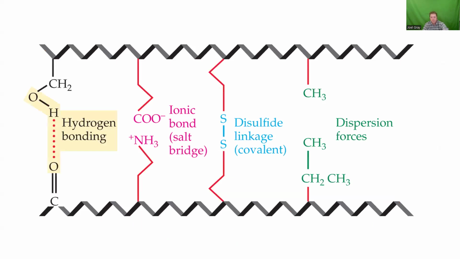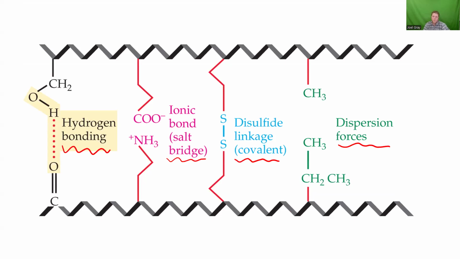Now, here we have examples of the major types of interactions that exist between amino acid side chains. We've got hydrogen bonding, ionic bonds or salt bridges, disulfide linkages, and dispersion forces.